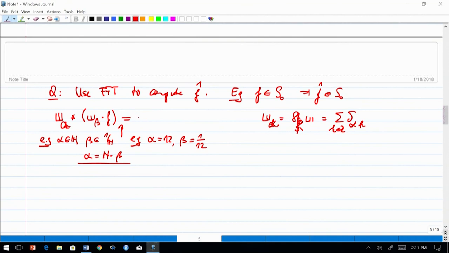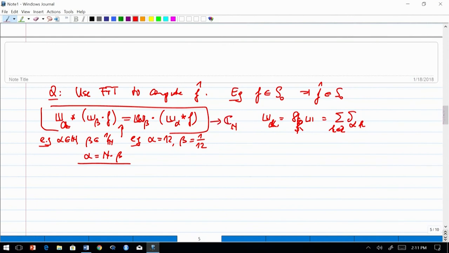And that's not always the case, but it's okay in this case. So I'm writing it as SHA beta pointwise with SHA alpha convolved with f. So this is now a procedure that will help us to go into Cn.